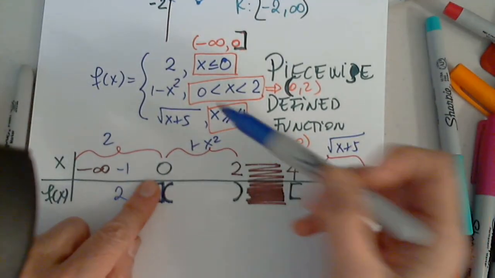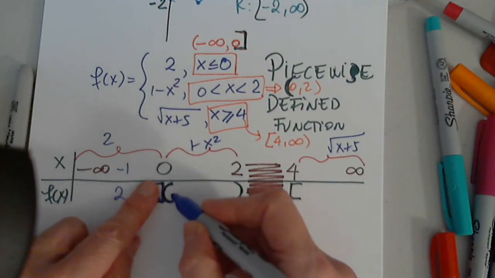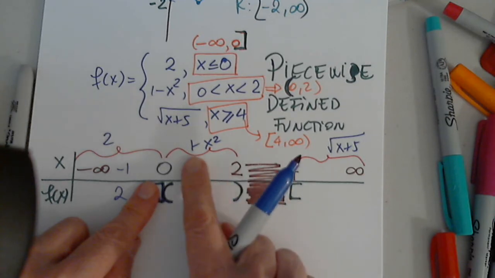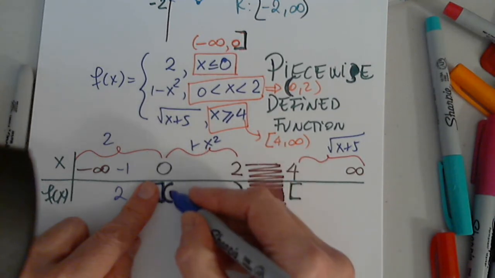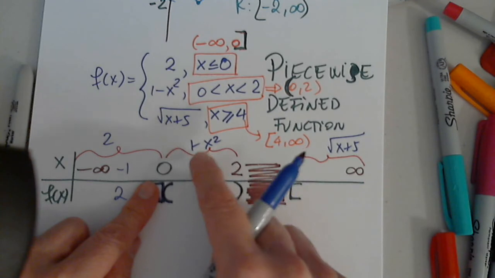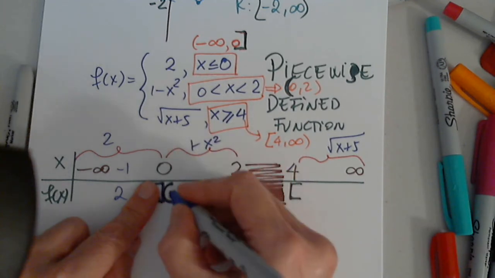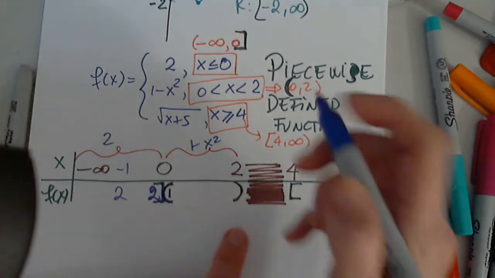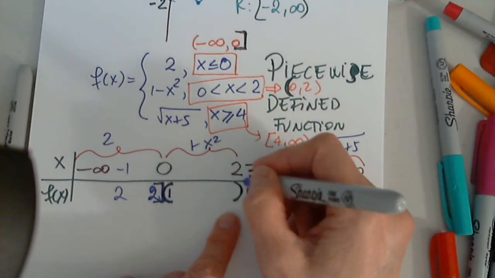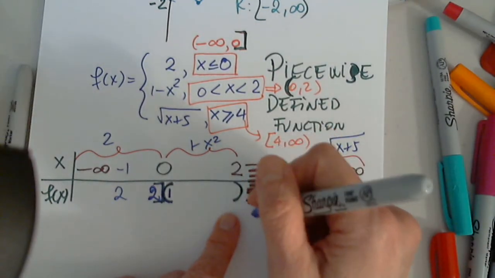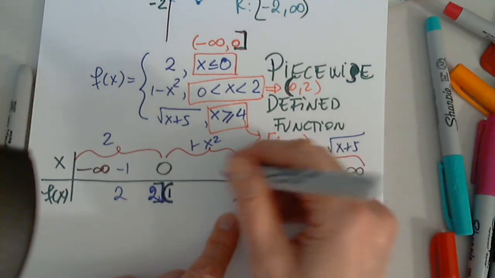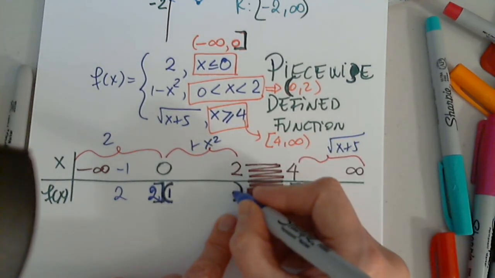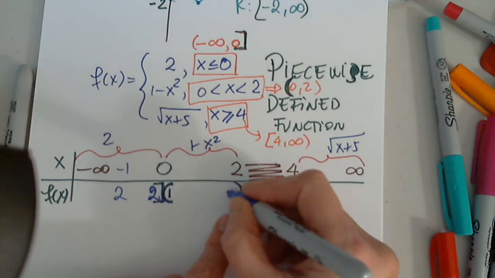So if I plug in 0, what do I get? 1. And I put it right inside a parenthesis. Now let's plug in 2. And you can say no. I will ask you to bear with me and just plug in 2. -3.